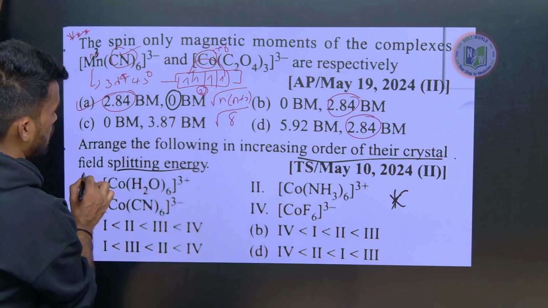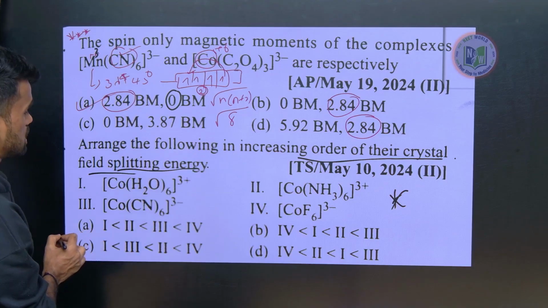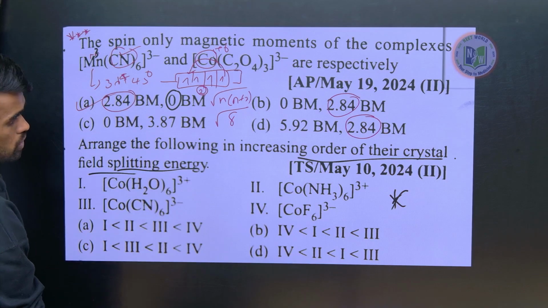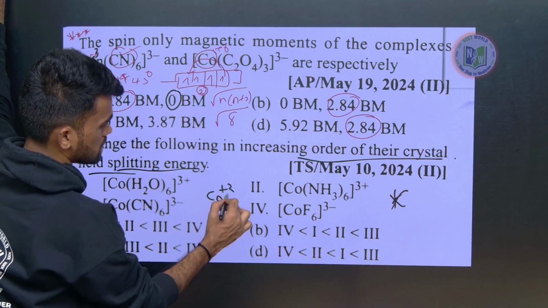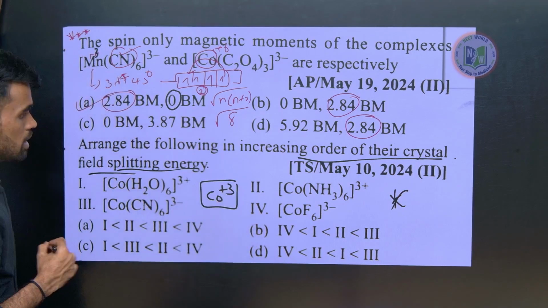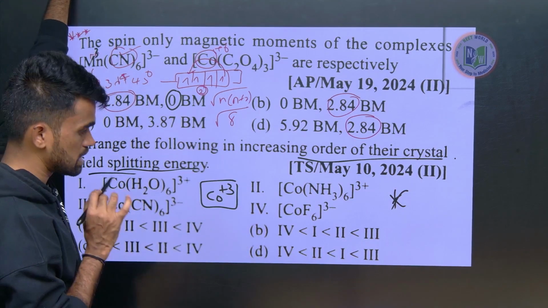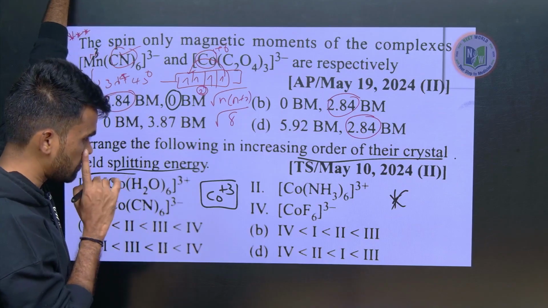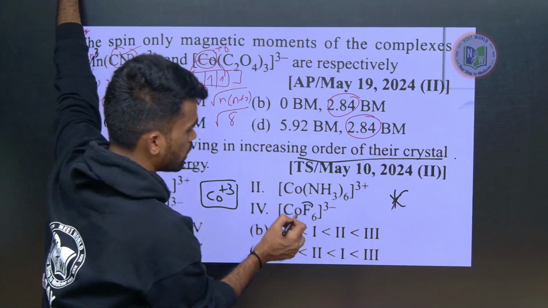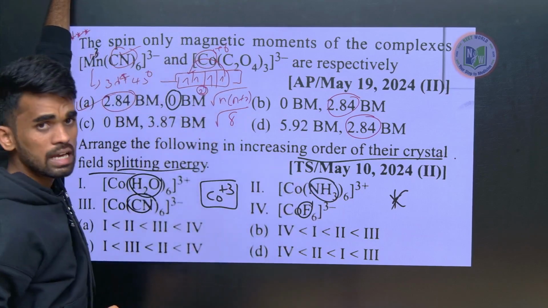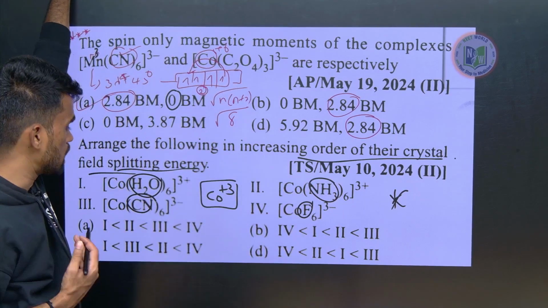So crystal field: arrange the following in increasing order of their crystal field splitting energy. We know in all 4 cases cobalt is in +3 oxidation state, so we cannot differentiate with respect to the oxidation state of cobalt because all of them have the same, but the ligands are different: cyanide, water, fluoride, ammonia. So which is the strongest ligand here?